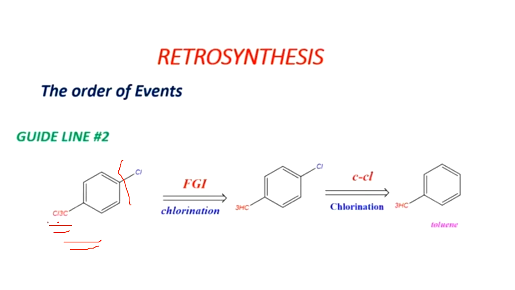On that group we have to do a functional group interconversion, or a chlorination reaction. When we do the chlorination reaction, we get this compound. So we get this starting material, and we have to do a chlorination reaction on that compound. Here is the formation of this CH3 group. This methyl group is an electron donating group.